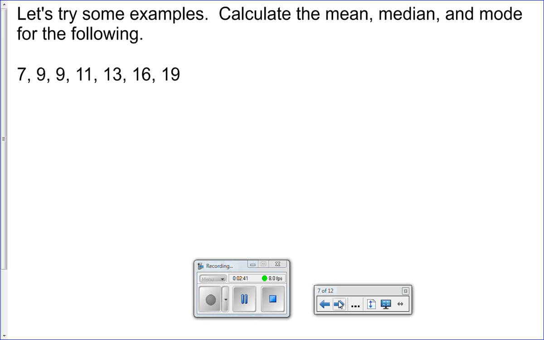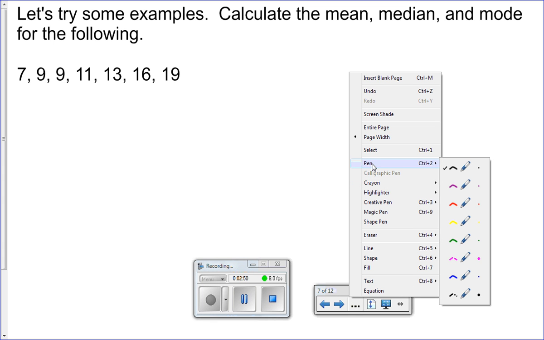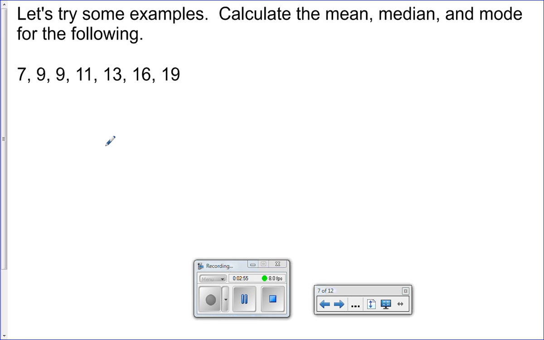Let's try some examples. Calculate the mean, median, and mode for the following. So to calculate the mean, we've got all these numbers here, so of course that means we're going to have to add them.